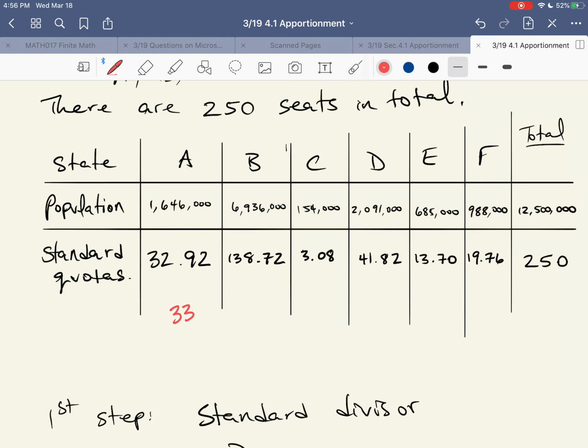State B should get rounded up as well because 0.72 is bigger than 0.5. So let's say 139. And C is pretty close to 3, so let's round that down to 3. Let's round D up to 42. So this one goes to 14, and this one goes to 20. This is just basic rounding.